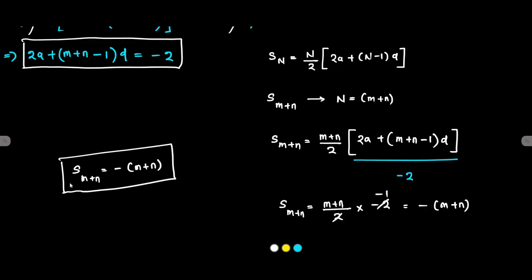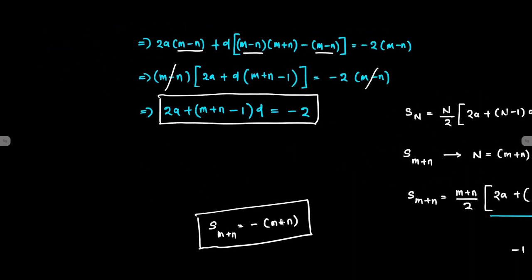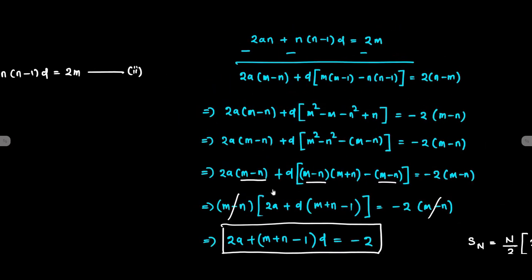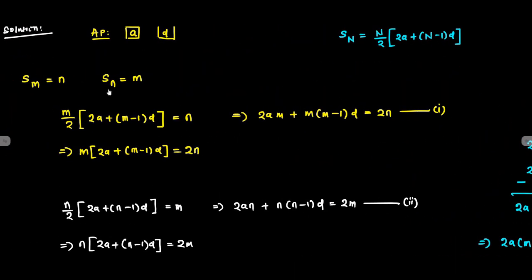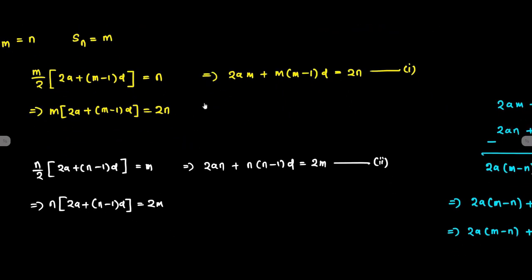Again using the same sum formula, we took what was given in the question: the sum of the first m terms is equal to n, and the sum of the first n terms is equal to m. We made some adjustments and got these two equations.